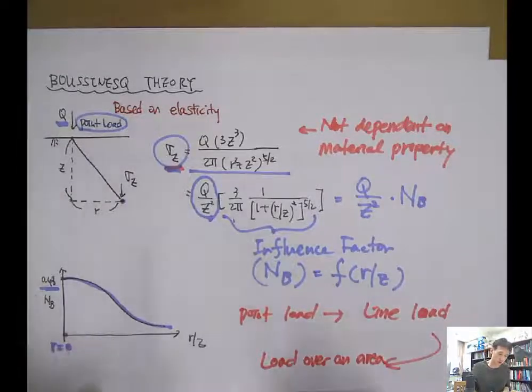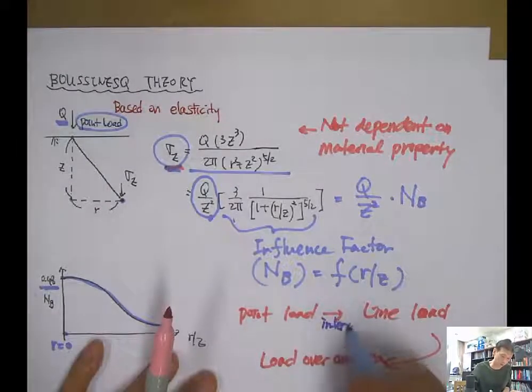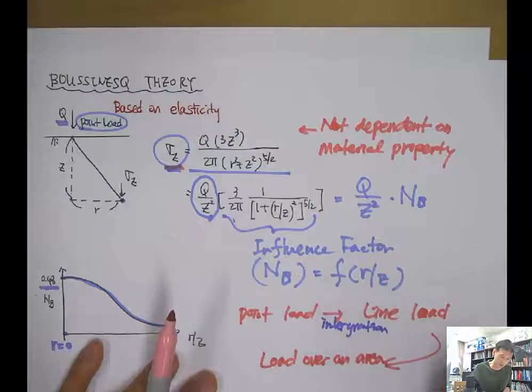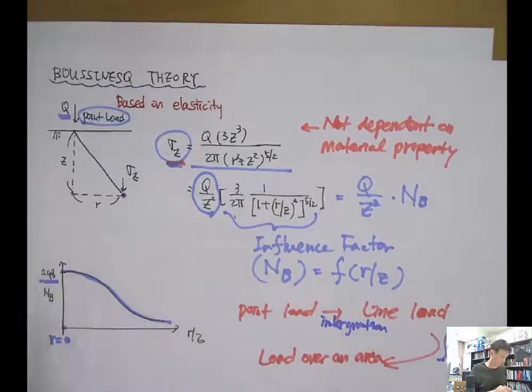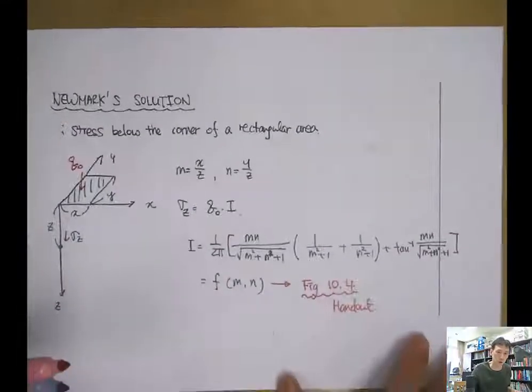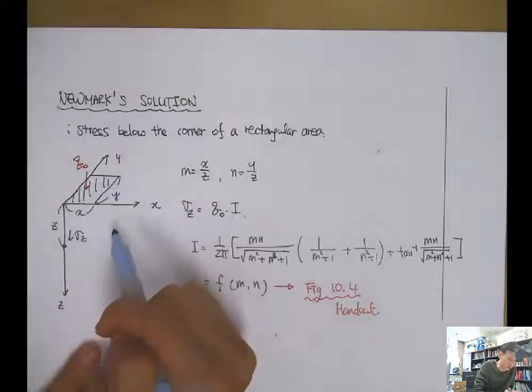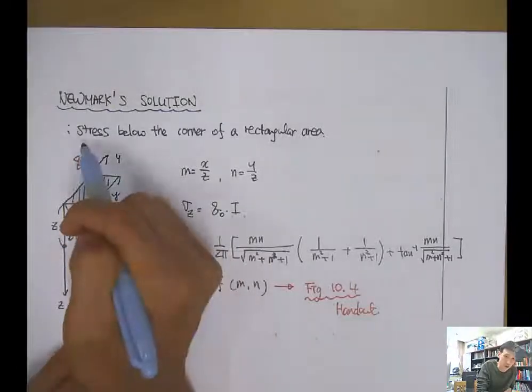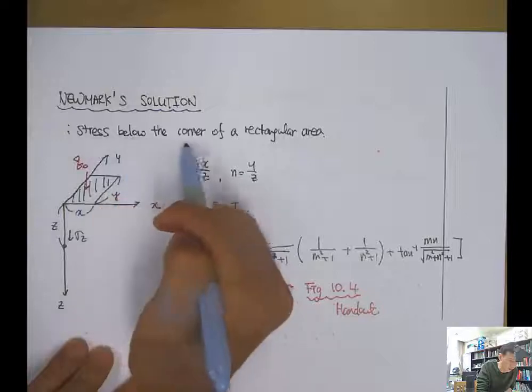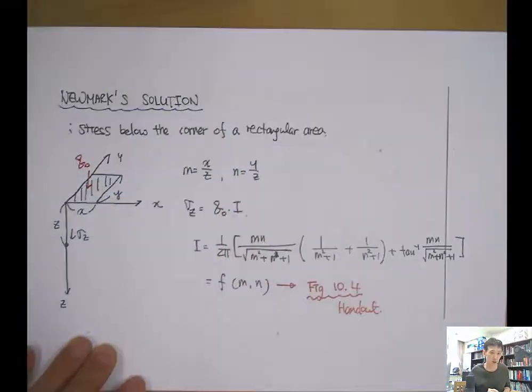Okay? So integration. Another integration here. Then you will get this Newmark solution. And Newmark solution allows you to compute and calculate the stress below the corner of a rectangular area.